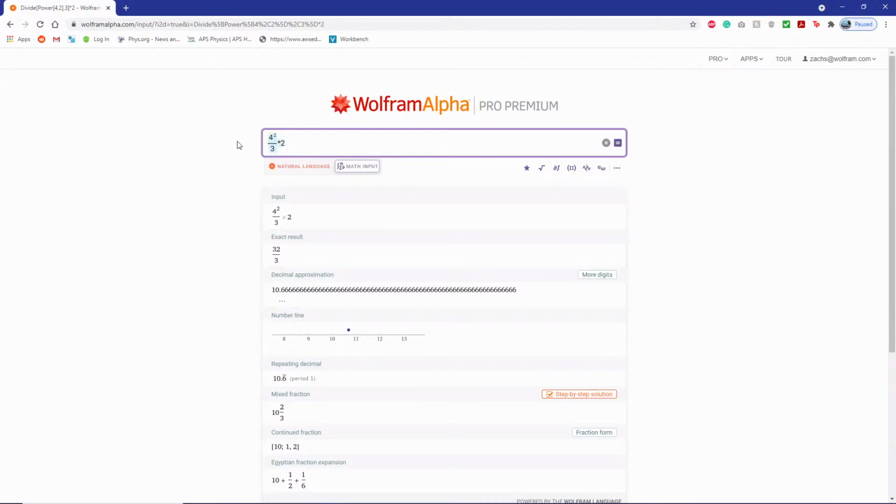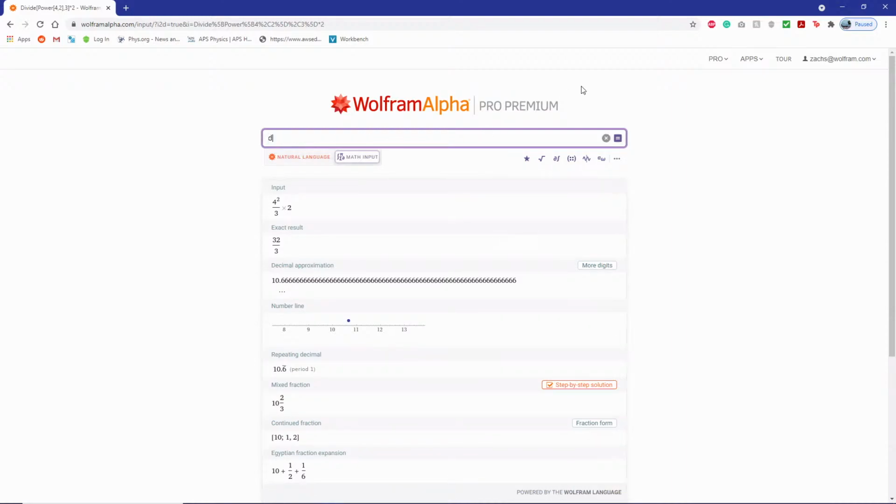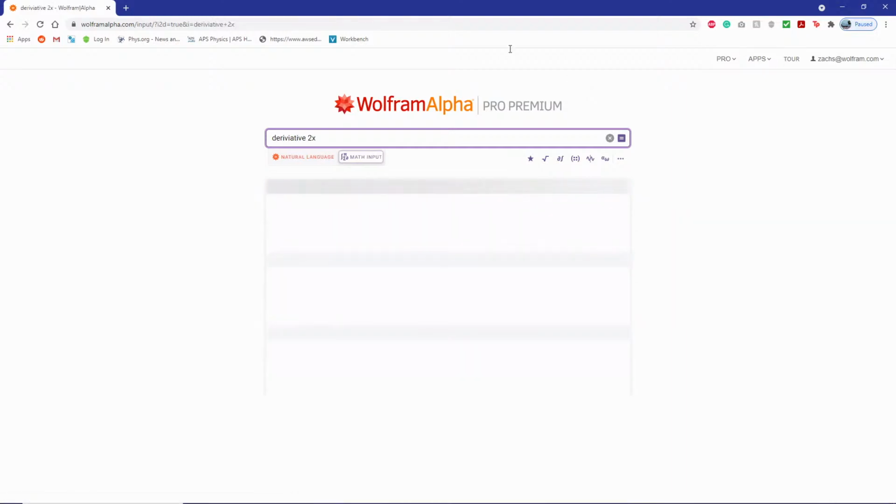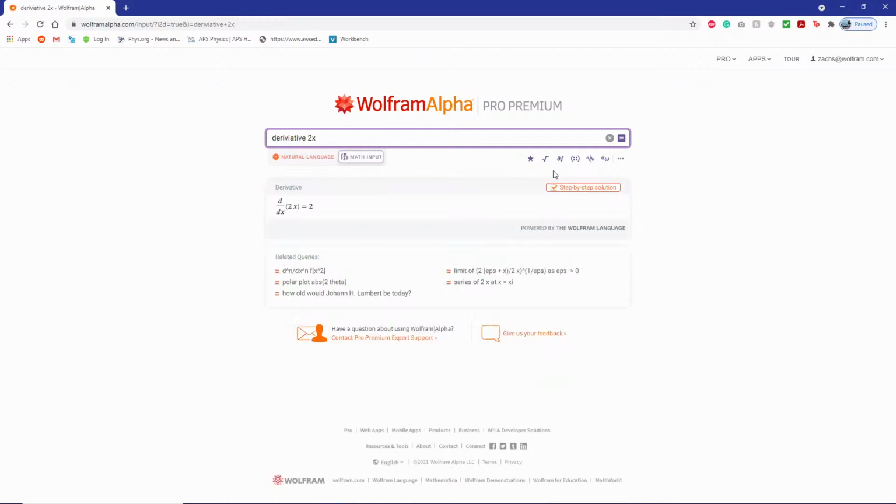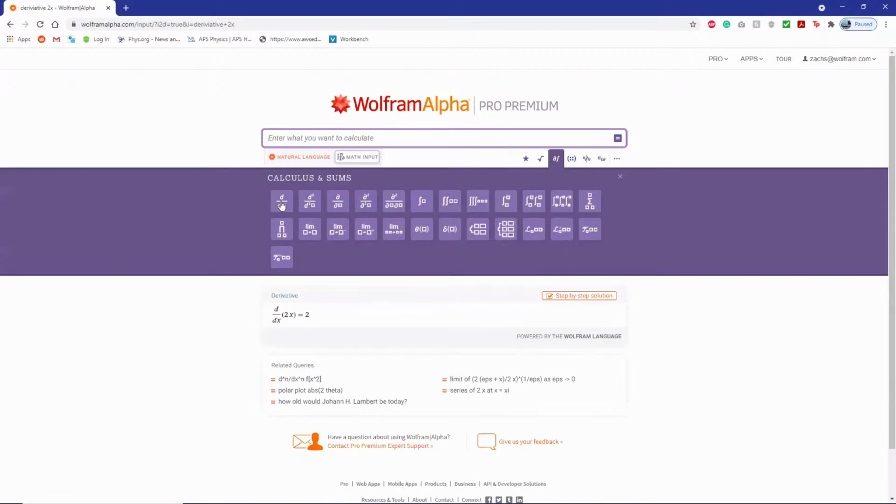One thing I did talk about was we can do certain calculus operations. So we could take the derivative. I cannot spell, I'm sorry. Fortunately, it'll spell for me. Derivative of 2x, I can write it like that, or I can write it like this, and we actually have the derivative symbols.